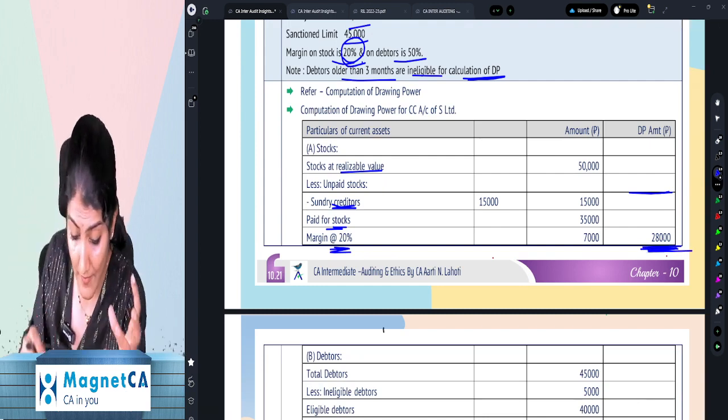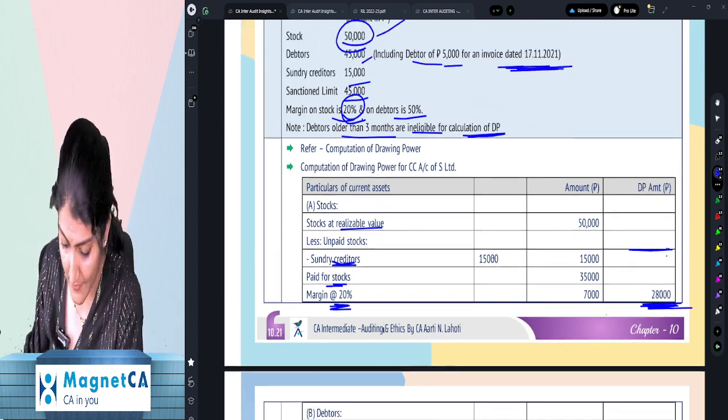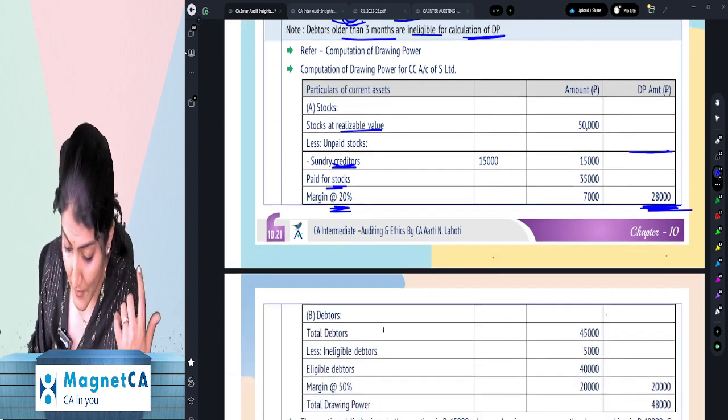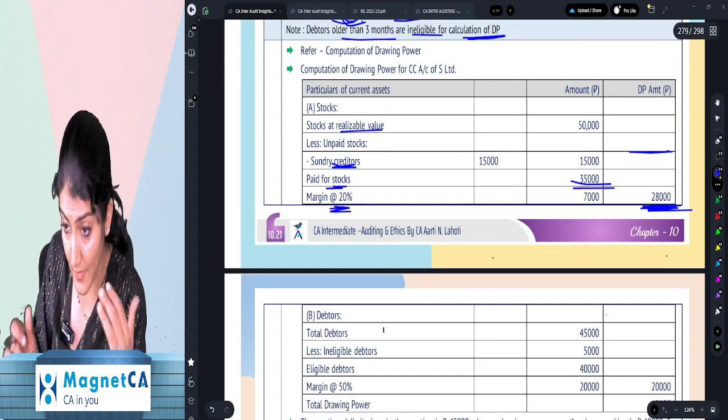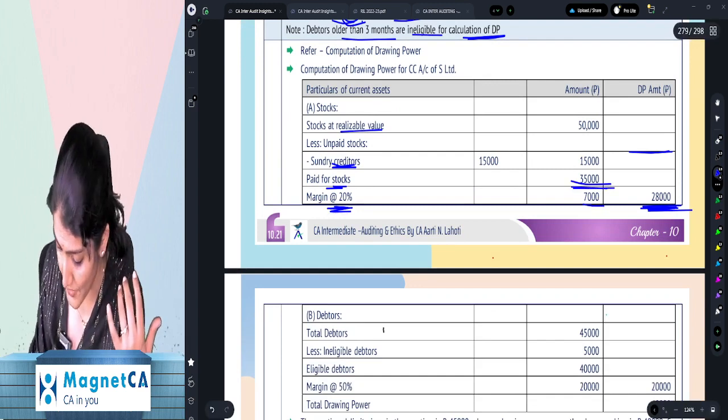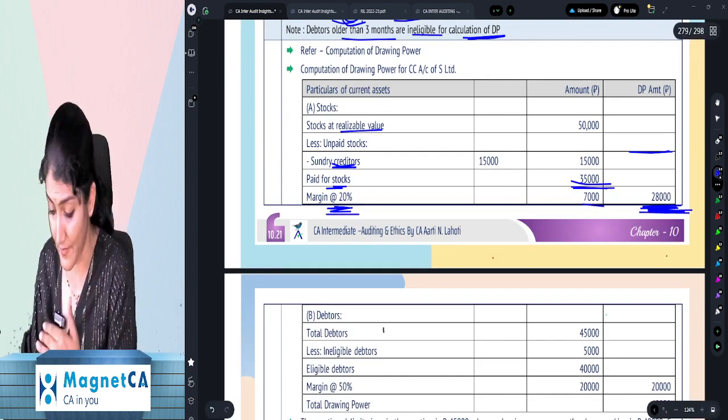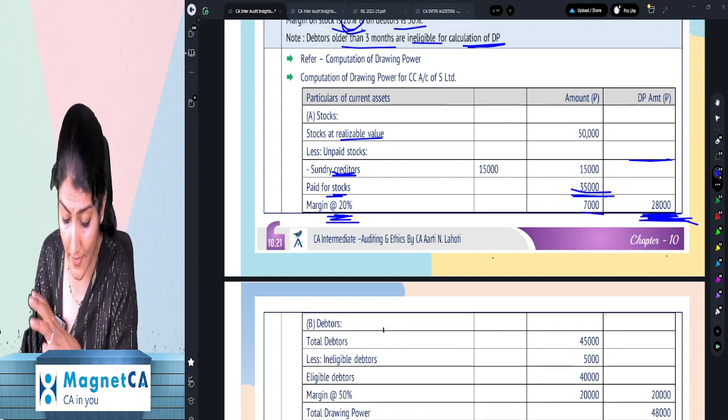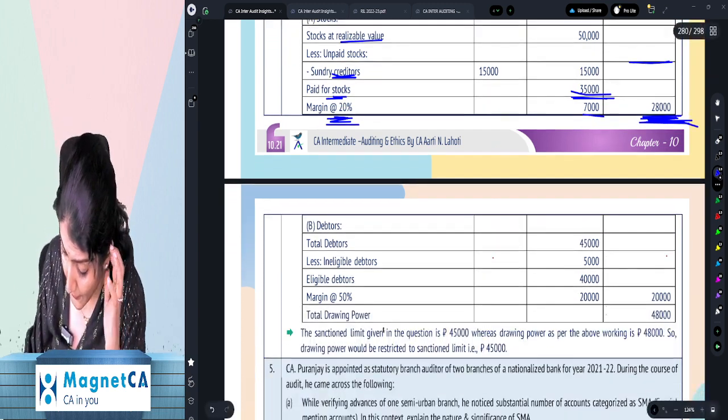So stock minus the creditors, how much are the creditors they have? 15,000. So how much is the paid stock? 35,000. In that you put a 20% margin. So what is the value of stock for the drawing power? 28,000, right? Then debtors 45,000.